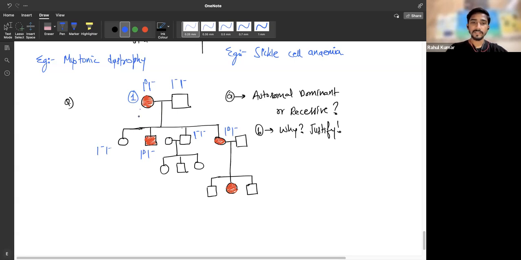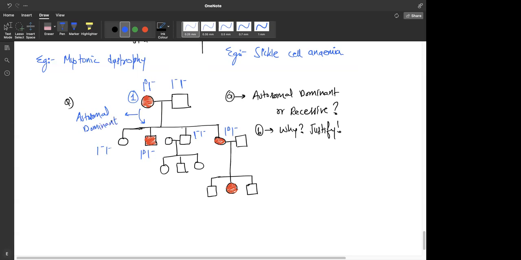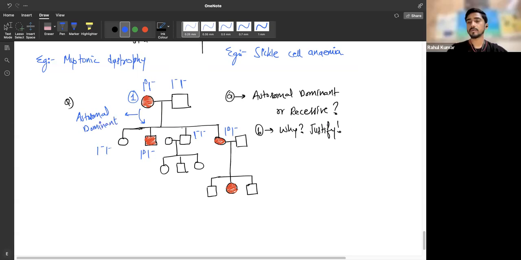So clearly, studying this tells us that this is autosomal dominant, right? Do you understand why it is autosomal dominant now, Saifullah? Yes, sir. Then again, this mother was diseased and this father was negative for both.